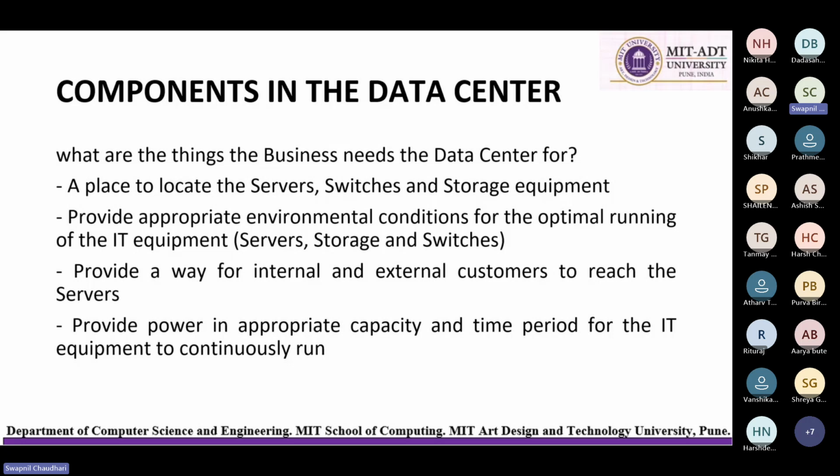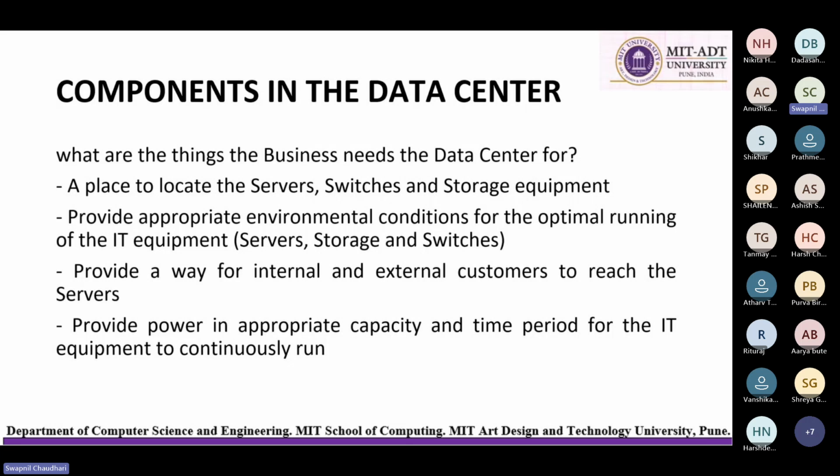Third is network connectivity, for access to that particular data center. And the last one is continuous power supply for uninterrupted services. Without these things, no modern business can function efficiently.